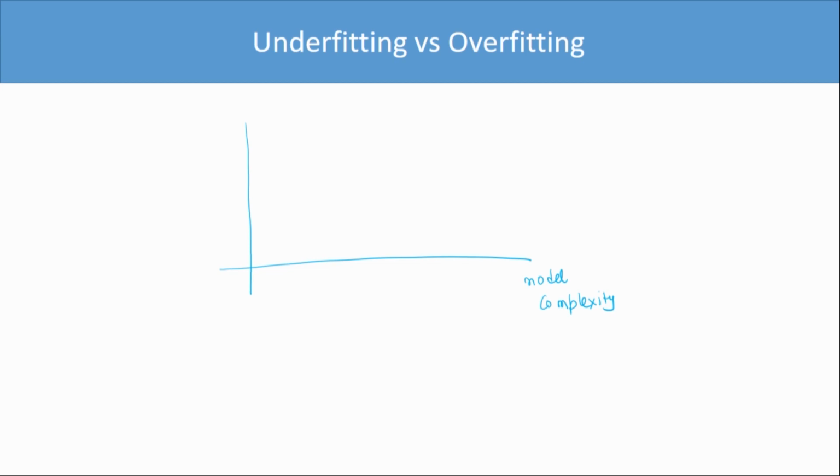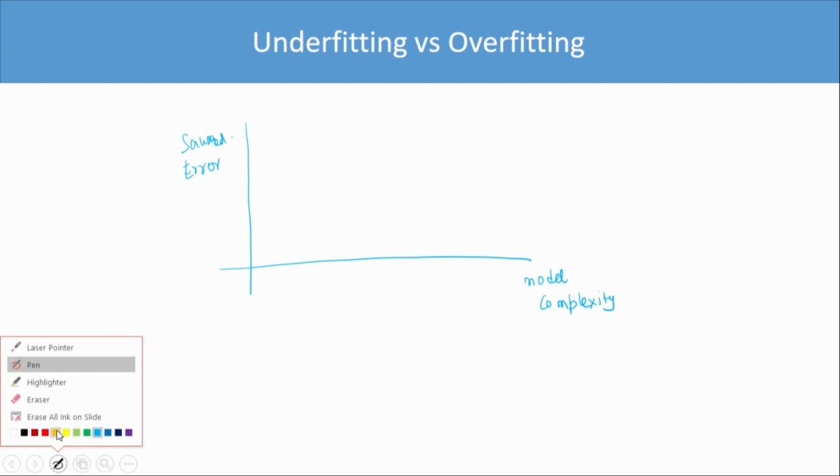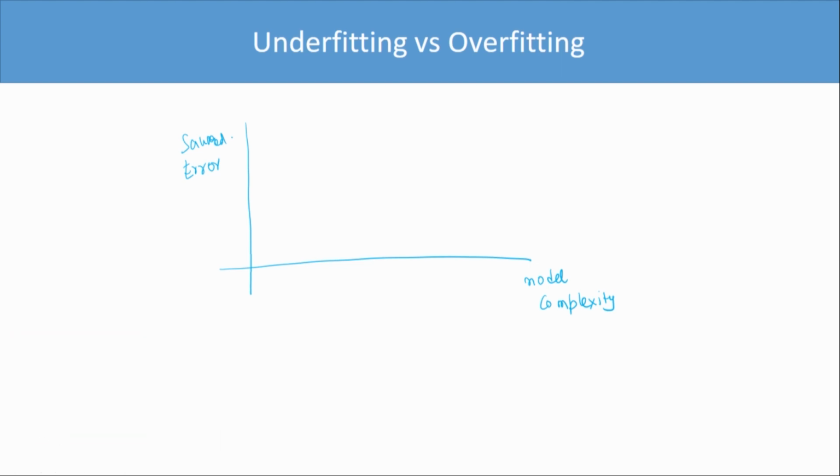As you go to the right, you get more complex models, and in the y-axis we plot the squared error of the model. Now, how would the bias curve look as you increase the model complexity? Bias goes down, right? So this kind of goes down, correct?